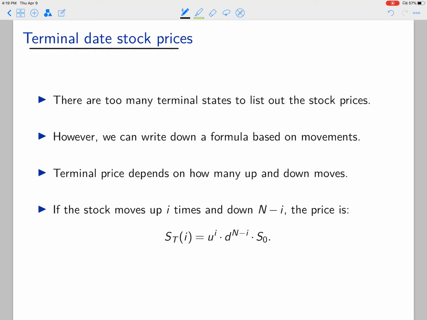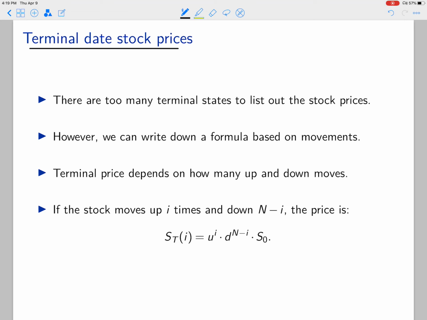In particular, the terminal price of the stock is only actually going to depend on the number of up and down movements that occur. And we're going to be able to write down a quick and easy formula that just takes in the number of up movements, and by extension, it's going to tell us the down movements too. And it's going to output a price as a function of the number of up movements. We don't need to list out the actual states.